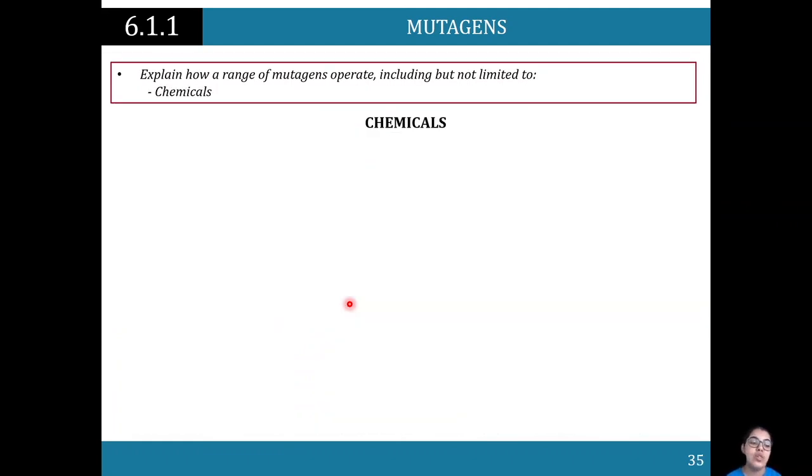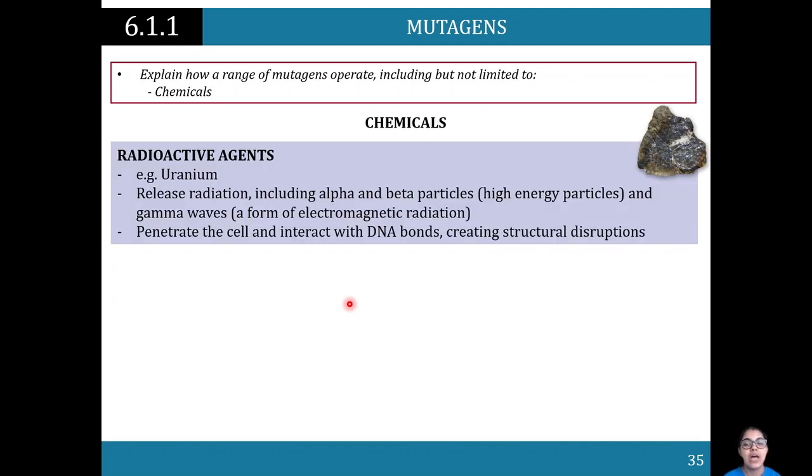Now let's have a look at chemicals. Chemicals are also mutagens. We have radioactive agents, like uranium, and they can release radiation, including alpha and beta particles, which are high energy, and they can also include gamma waves, which is actually a form of electromagnetic radiation.